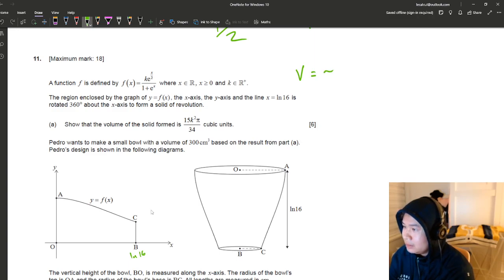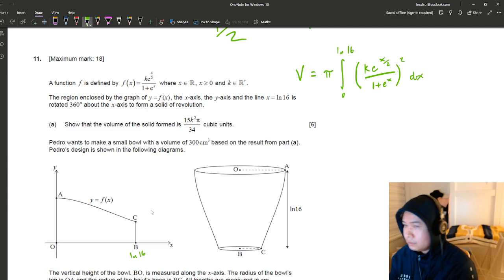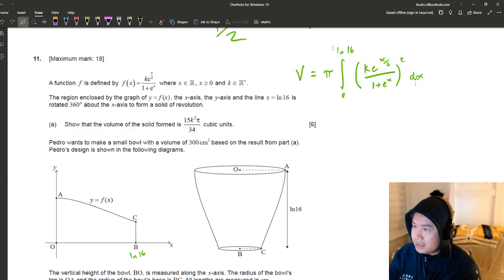Volume is, what is it? Pi from 0 to the natural log of 16 of the function squared. Yeah, you can just check your formula book.